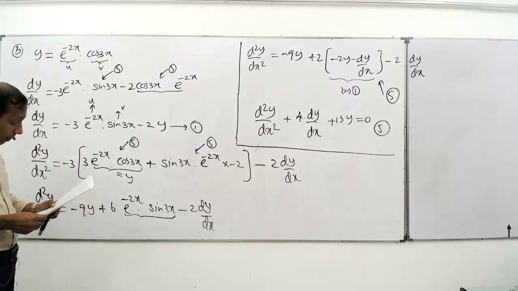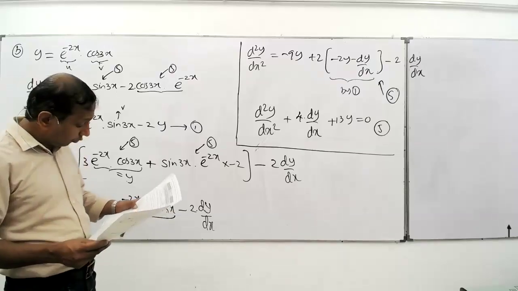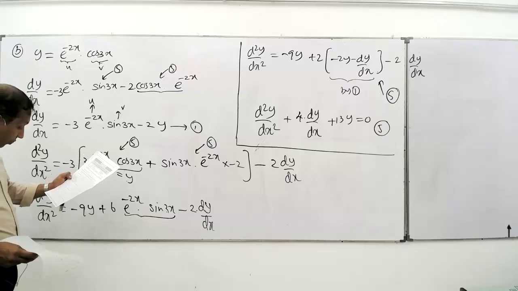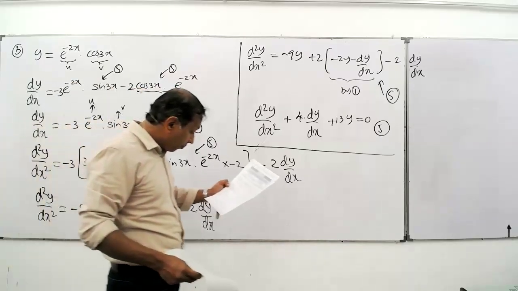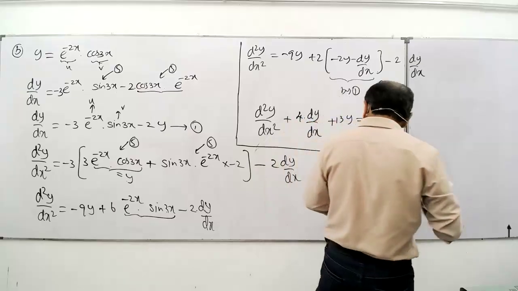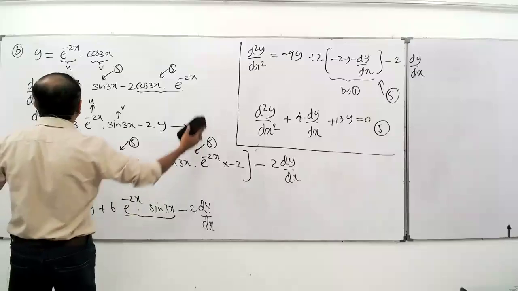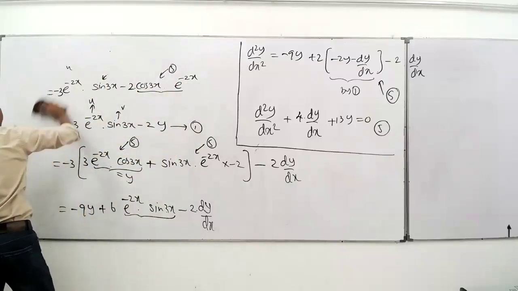Part C. If y equals 5 sin x minus 3 cos x, find the equation of the tangent drawn at x equals 0. Right, okay, look at that.